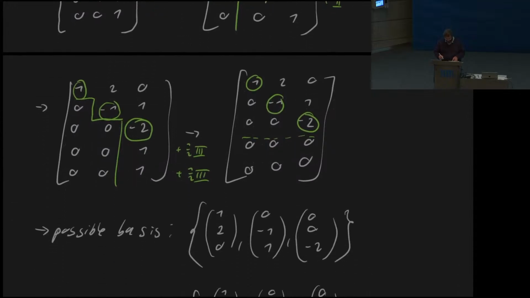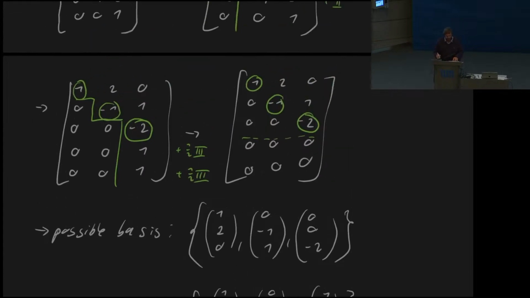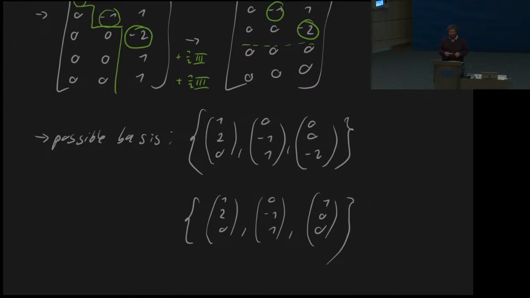Oh, sorry, not this one. That was 1, oops, 1, 0, 0. Right? So I just take this because that's what I started with in this third row here. Okay, so I know these 3 are linearly independent, and thus they span R3. So that would be a possible answer.